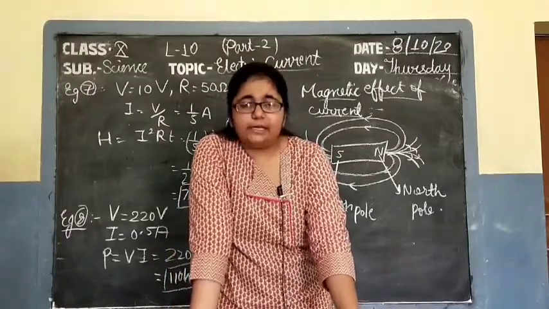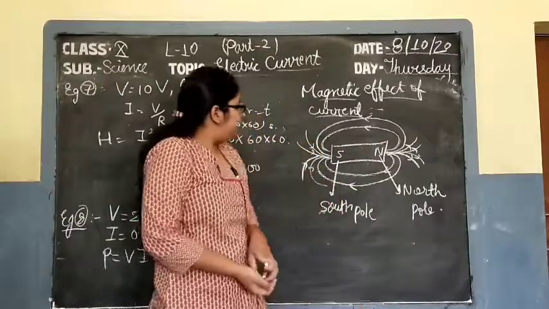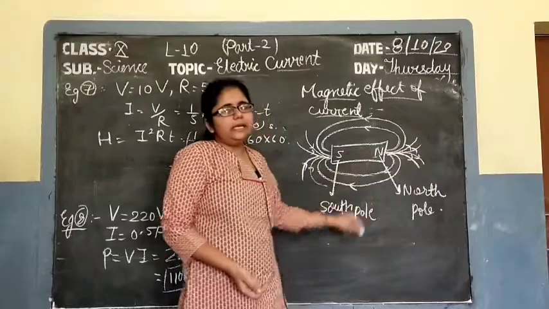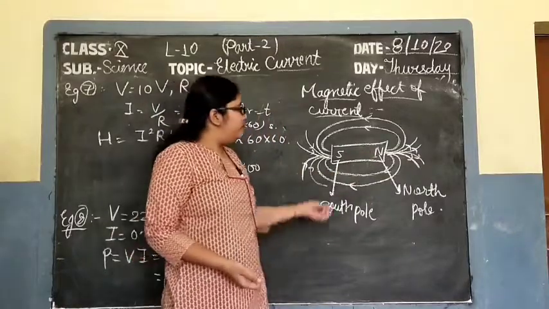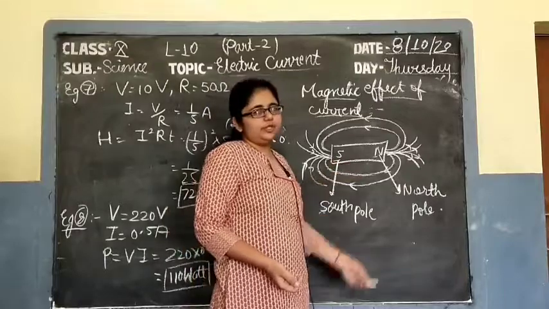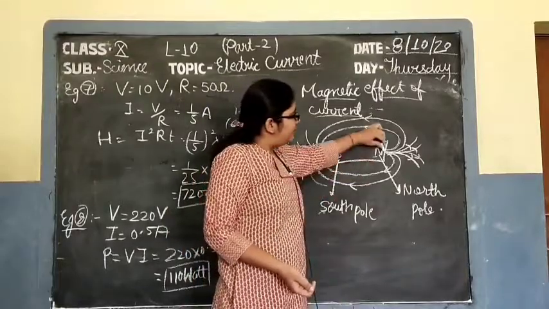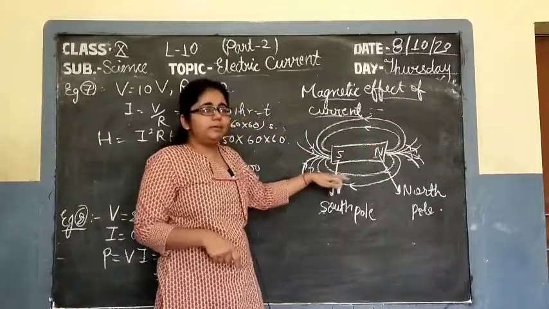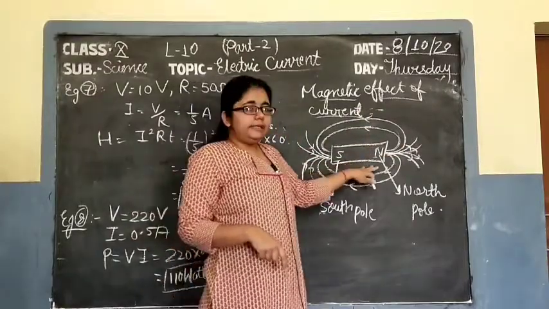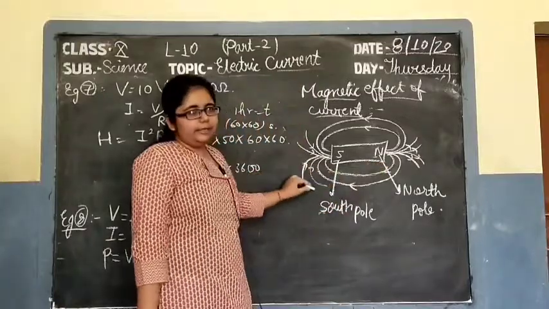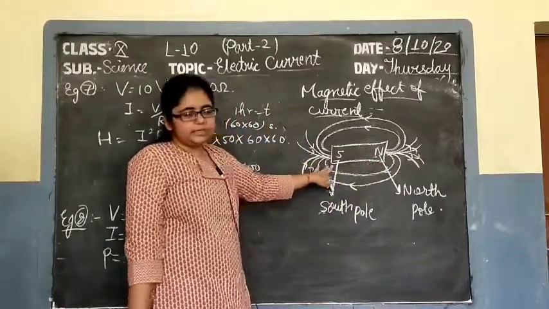So these magnetic fields are expressed as though there is a magnetic pole, south pole and north pole. These are the imaginary poles which you use for study purposes. These are made according to the direction of magnetic field. If the magnetic lines are moving outwards from the magnet, then that pole is the north pole, and if magnetic field lines are entering, then the entering pole will be the south pole.